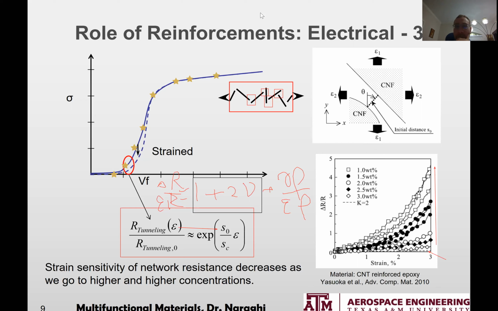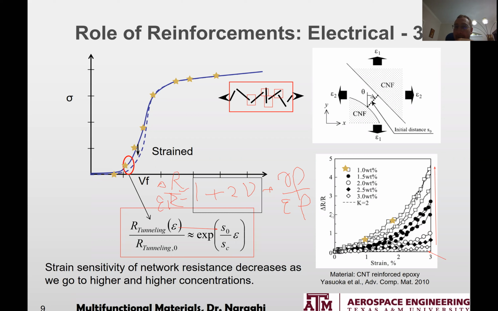Just to put things in perspective so that you can appreciate the values here, let's take, for instance, this point here. It's at 1% strain, the case of the lowest volume fraction.